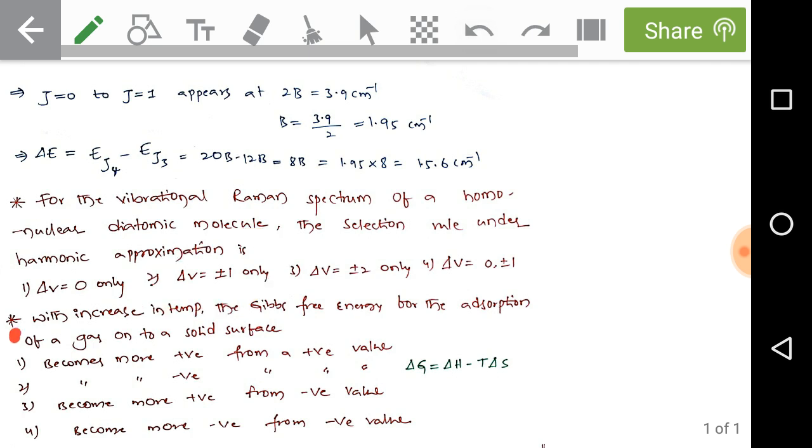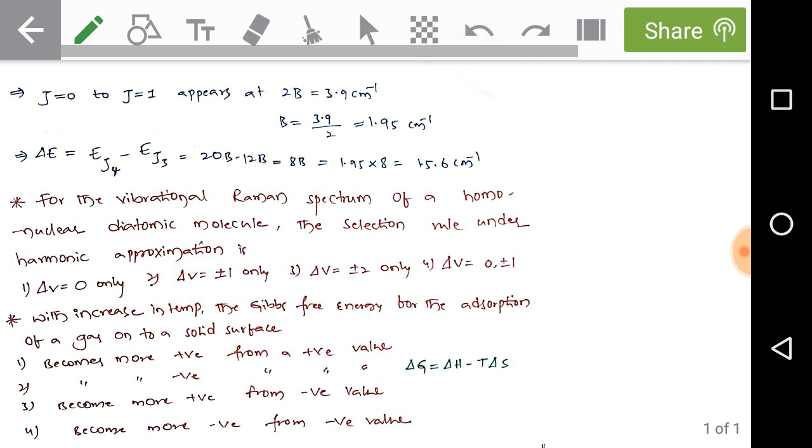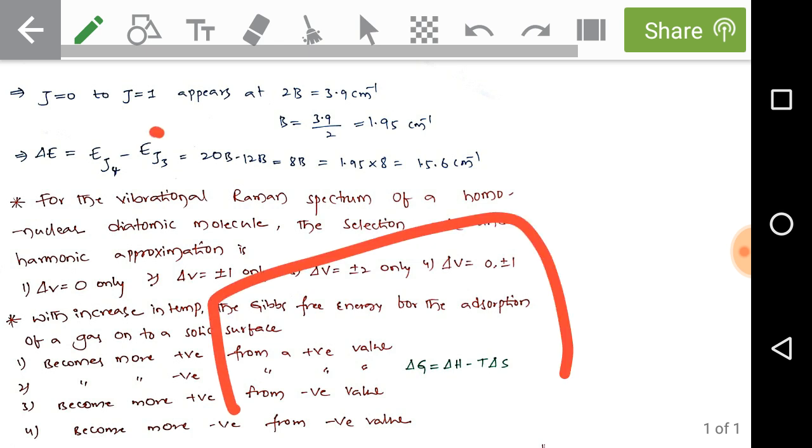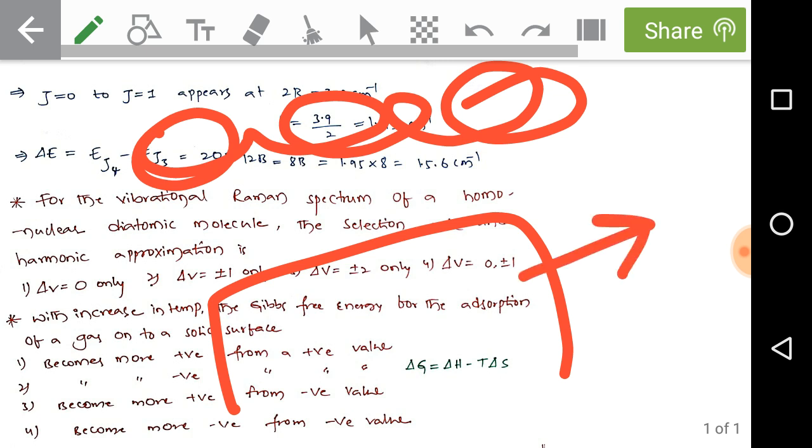With increase in temperature, the Gibbs free energy for adsorption of a gas onto a solid surface. So whenever we see an adsorbate, that is simply a gas being adsorbed onto the surface of the adsorbent.